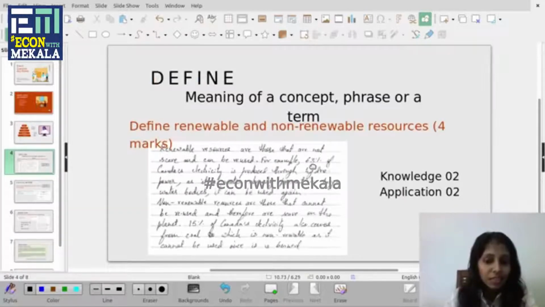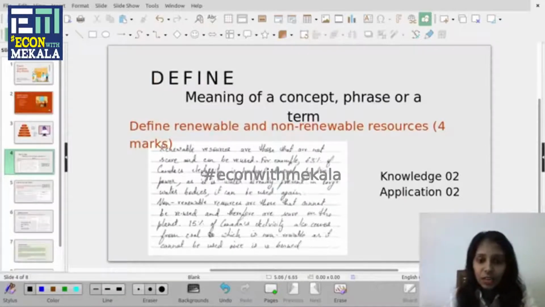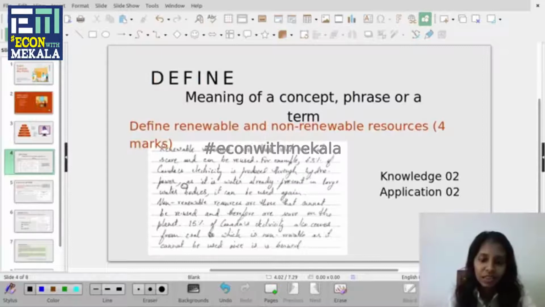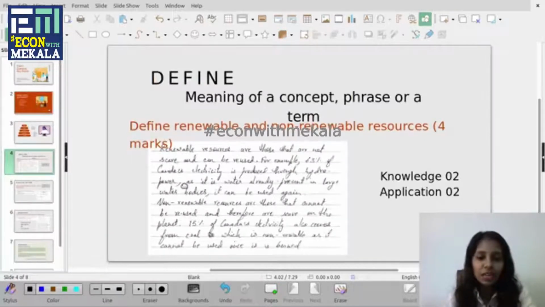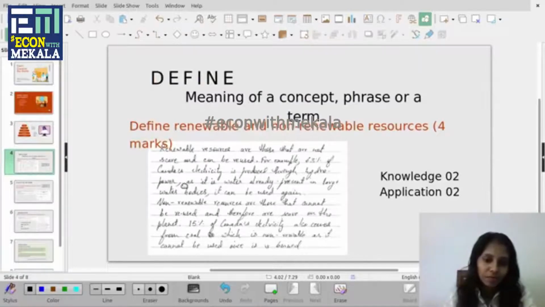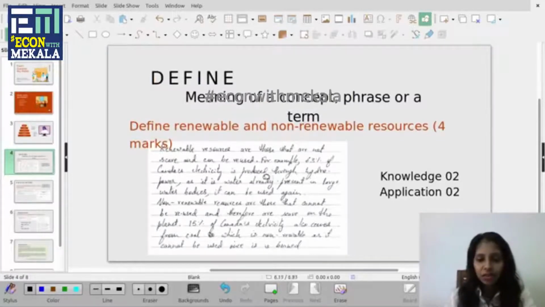If you look at his example, 63% of Canadian electricity is produced through hydropower. This shows his application skills. He has picked up this example from the case study given in the exam paper. So for knowledge you get 1 mark. For application you get another 1 mark. So for the first part of his answer, he has already scored 2 marks.